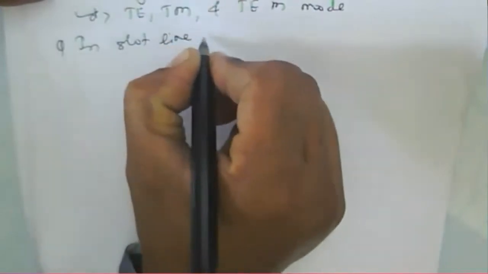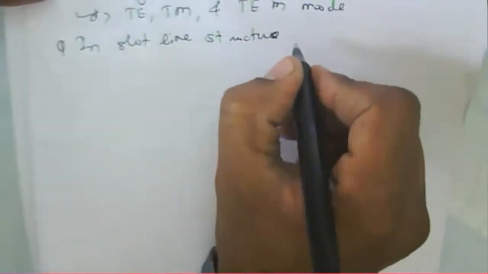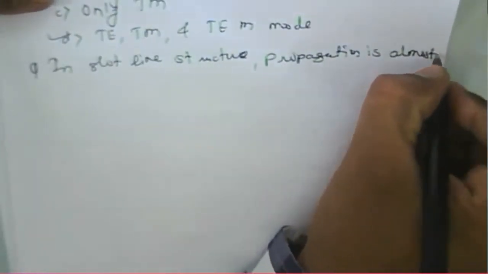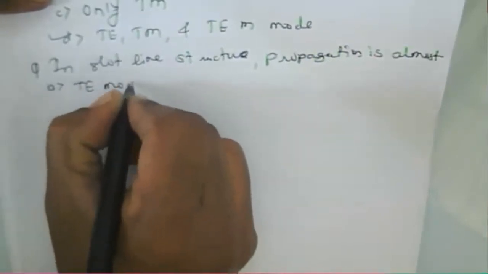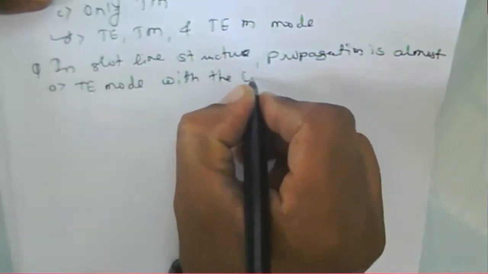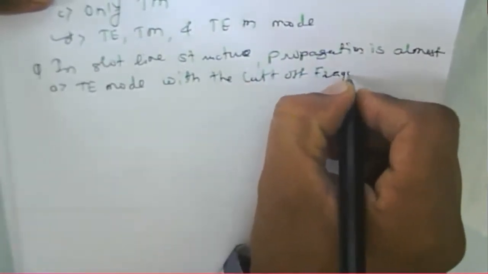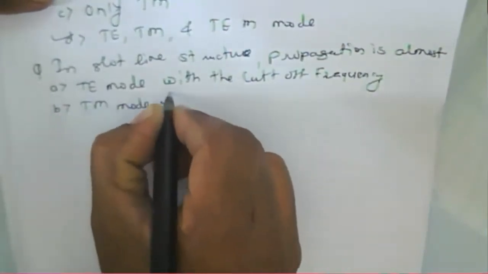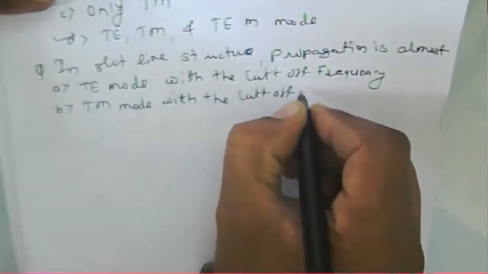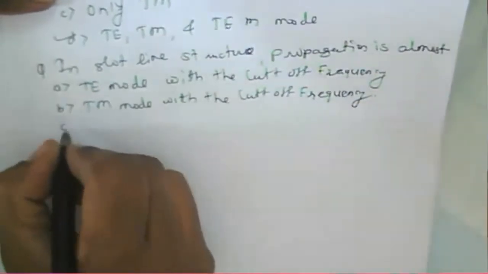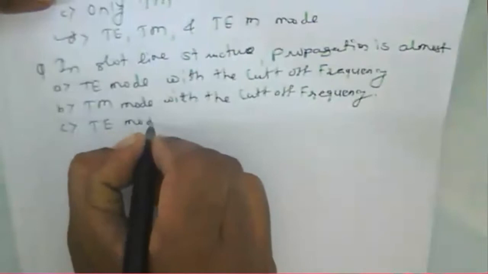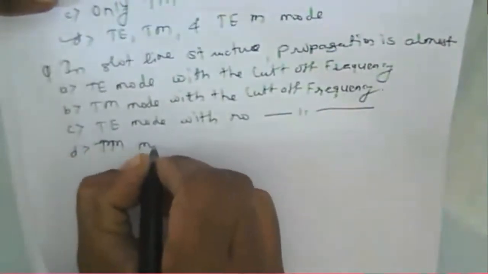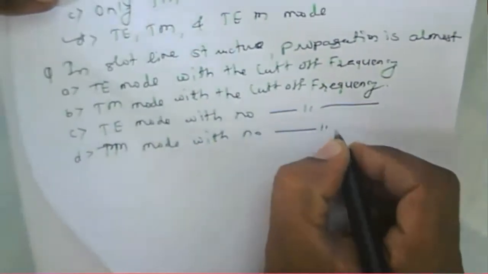Next, in a slot line structure, propagation is almost: A, T mode with a cutoff frequency; B, TM mode with a cutoff frequency; C, T mode with no cutoff frequency; D, TM mode with no cutoff frequency.